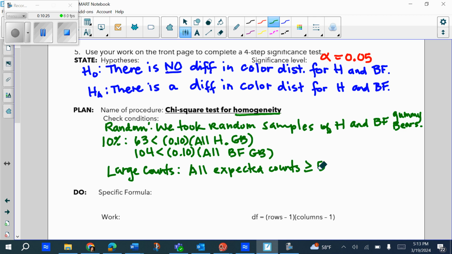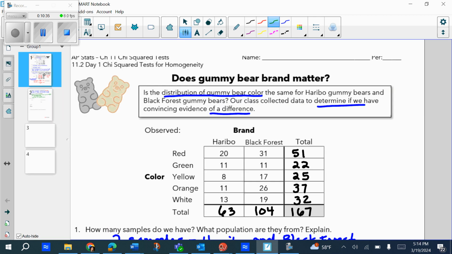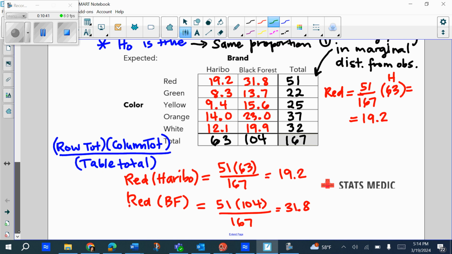And you actually are going to have to write that and state that as your condition. So looking at the chart on the first page, down here, not the observed values, but in the expected counts, look in the middle there. Are all of those numbers greater than or equal to 5?